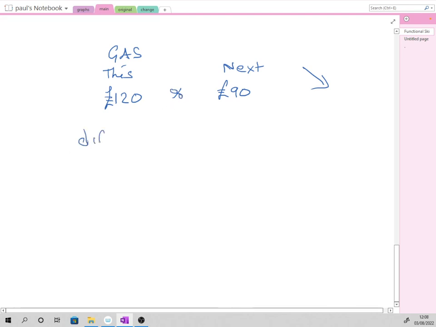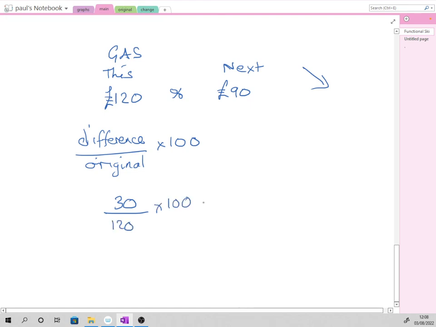It does not matter. The difference over the original, whether it goes up or whether it goes down, does not matter. The difference between these two numbers is 30. It's always a positive number. You're going to say minus 30, but it's always a positive number. The original is always the first one, 120, and then times that by 100.